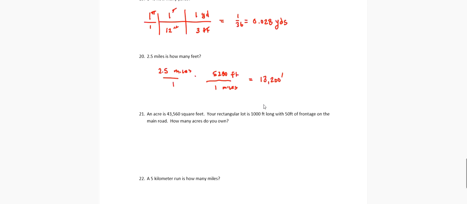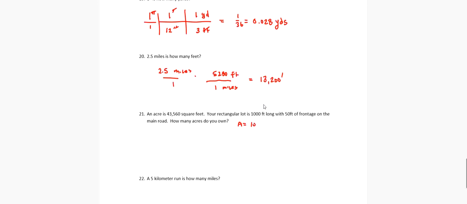So if an acre is 43,560 square feet, and you start with a lot that's 1,000 feet long and 50 feet wide, how many acres do you have? So this is kind of a combination of figuring out an area problem and then figuring out our acreage.